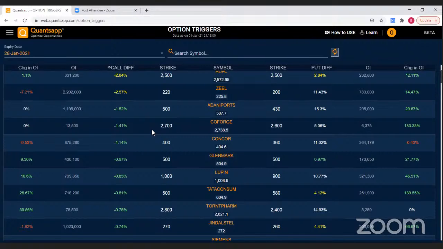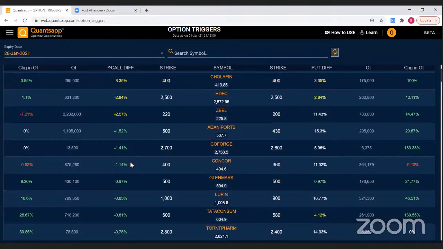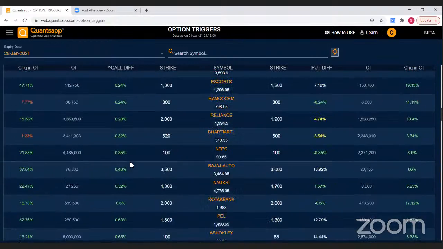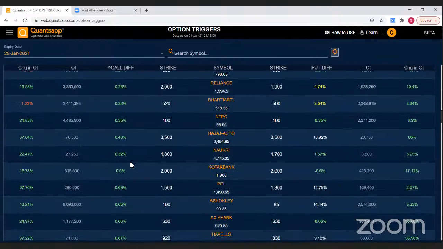That means the difference between the highest call and the symbol, and the highest put and the underlying stock, is in the range of -2 to +2, in the green. And if the difference is more than -2 till -5, or on the positive side more than 2 to 5, then you will see that number in yellow.